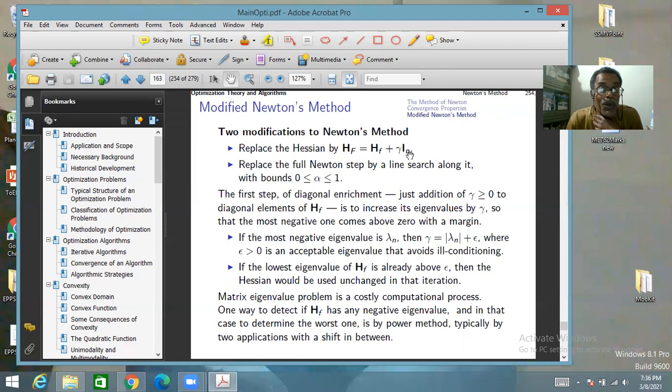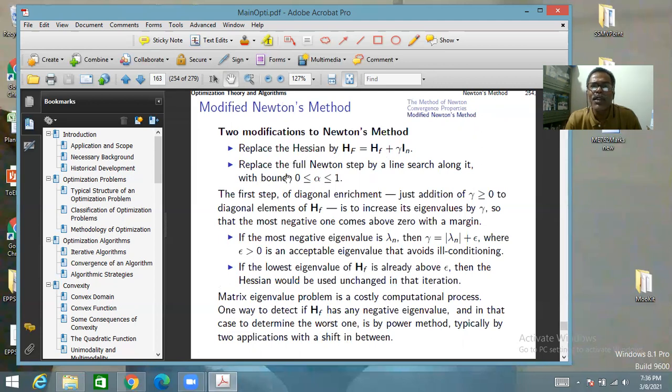But how do you know what gamma would suffice? If you put a very large one, then it will turn out to be useless, because it will look like a scalar multiple of the identity itself. The Hessian will become inconsequential. So that is the problem. We are coming to that.